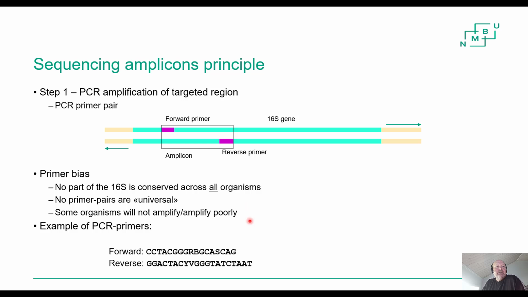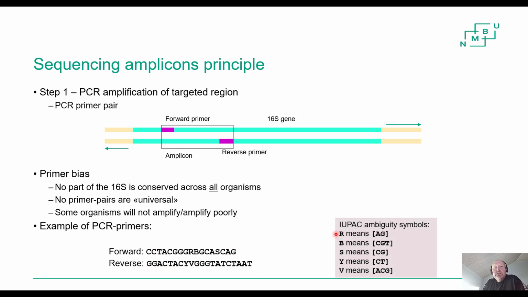So here we have an example of two such primers, forward and reverse. And notice that inside here we have not only A, C, G, and T. For instance, here we have an R and a B here, and an S over here. You will see this in primer sequences. And what do I mean? This is what we call the IUPAC ambiguity symbols.